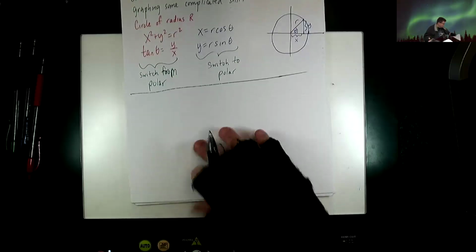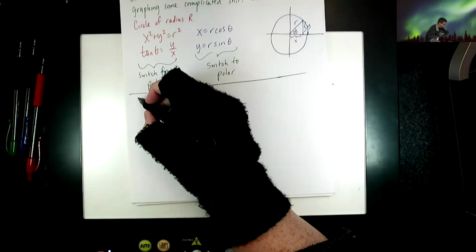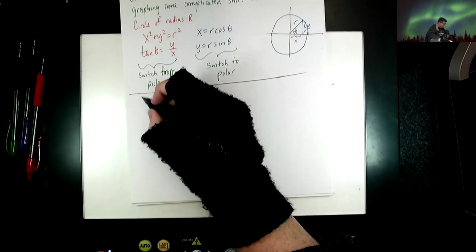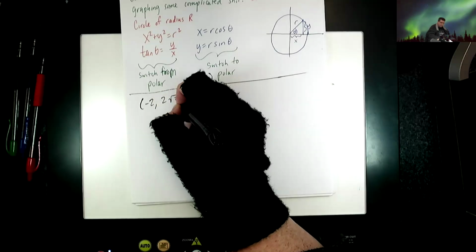For those of you that didn't take trig here, this is useful. Let's switch (-2, 2√3) to polar.